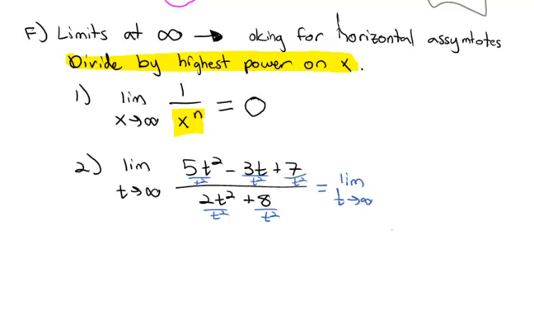Notice in the first term, 5t squared over t squared, the t squareds are gone. We're just left with 5 minus t over t squared. That's going to leave a single t in the denominator, 3 over t, plus 7 over t squared. There's no reducing there. All over, the t squareds divide out again, so we're just left with 2, plus 8 over t squared.